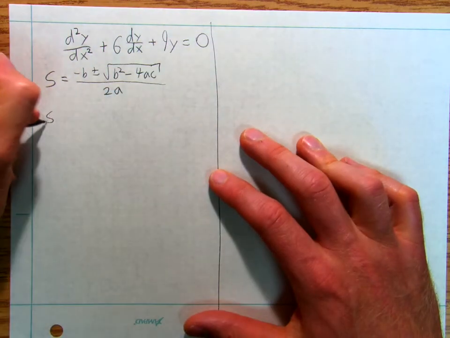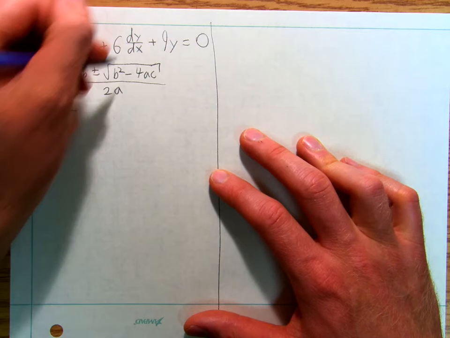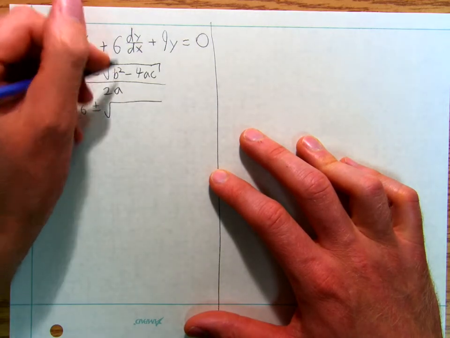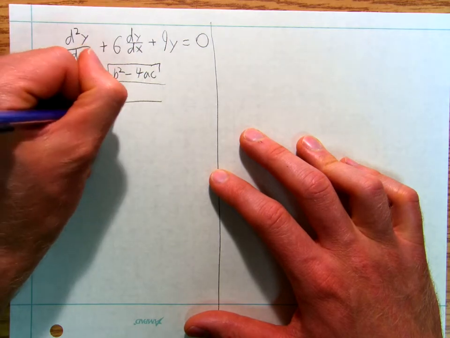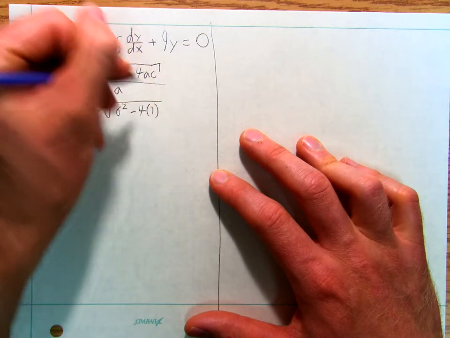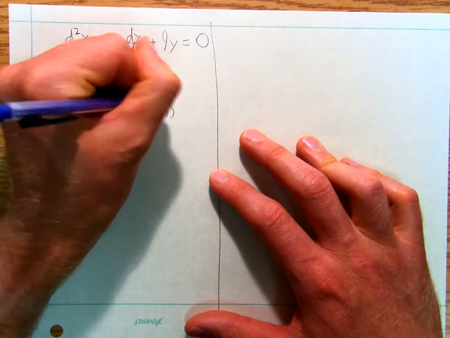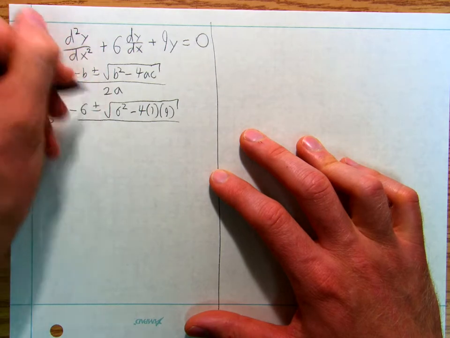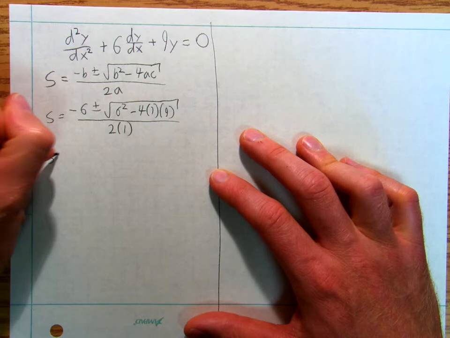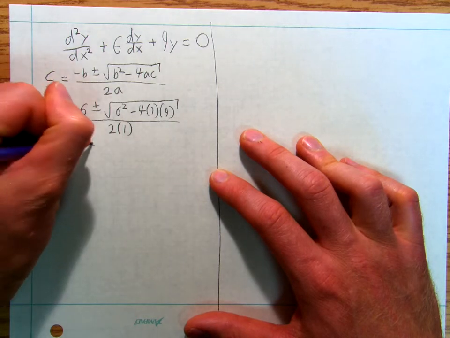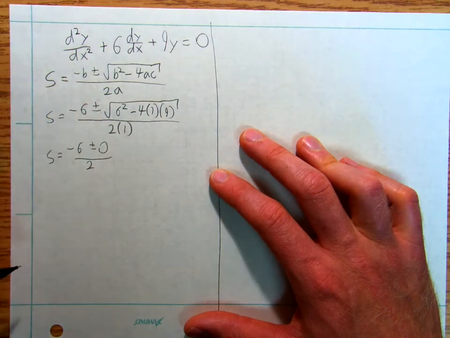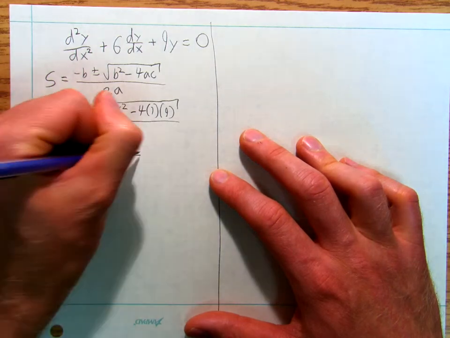So I'm going to get my s's are equal to minus 6 plus or minus square root of 6 squared minus 4 times 1 times 9 divided by 2 times 1. And I go, s is equal to minus 6 plus or minus, that's 36 minus 36, that's 0, over 2. So I get s is equal to negative 3.